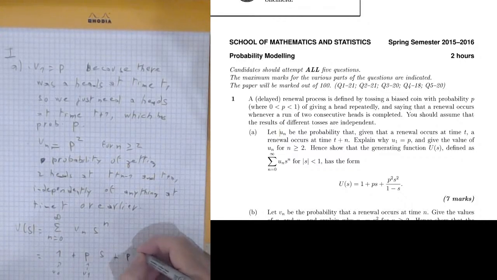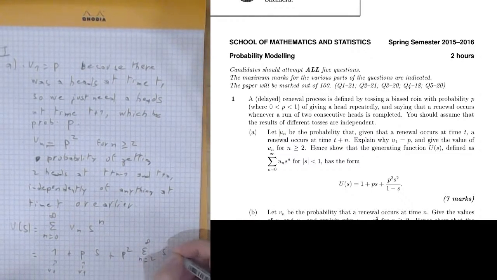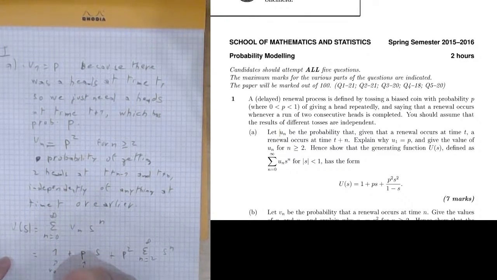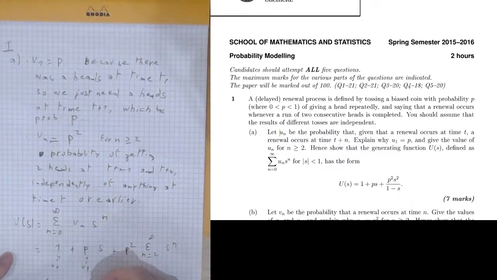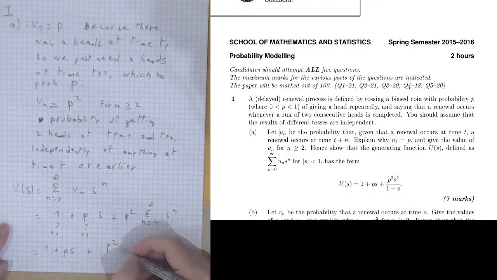So it's p squared times the sum for n equals 2 to infinity of s to the power n. And that's a geometric series, and you will know that a geometric series has first term s squared divided by 1 minus s.